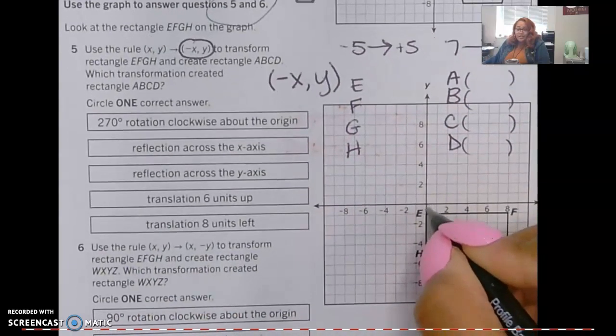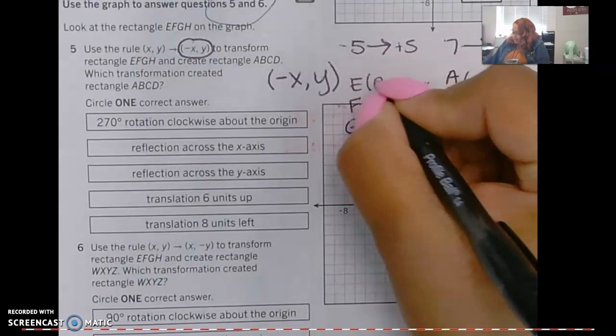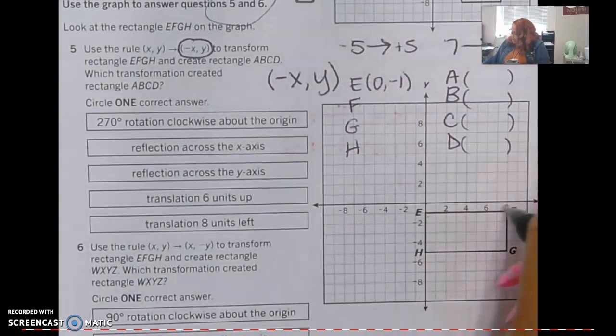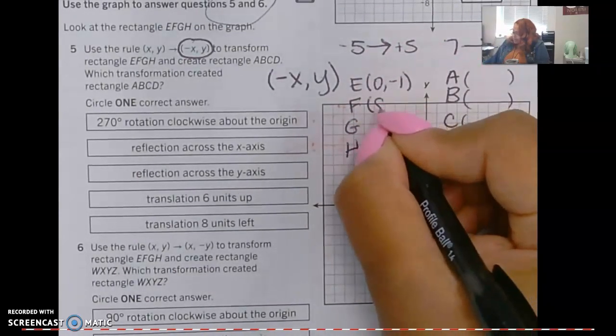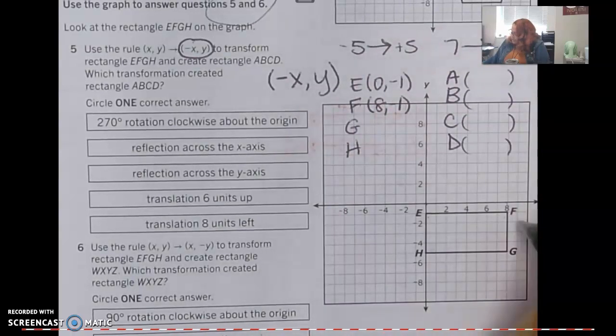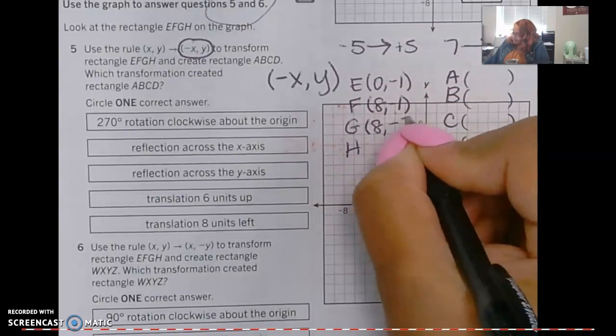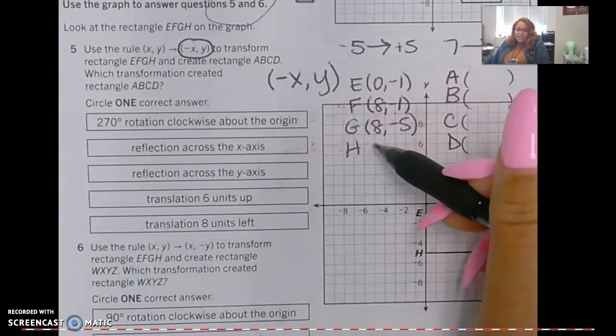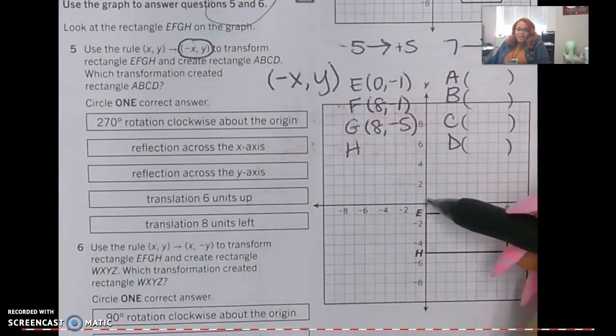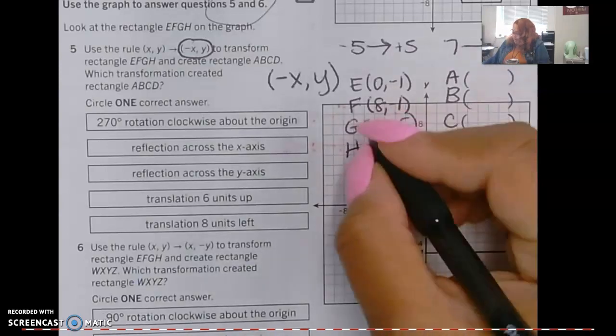E is you run 0, you jump down -1. F is you run 8, -1. G is you run 8, -5. And H is you run 0 and you go down -5.